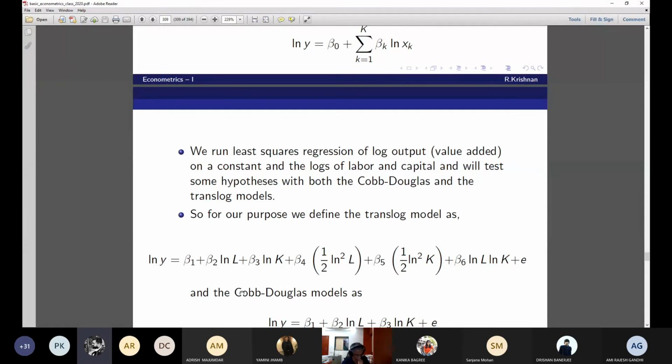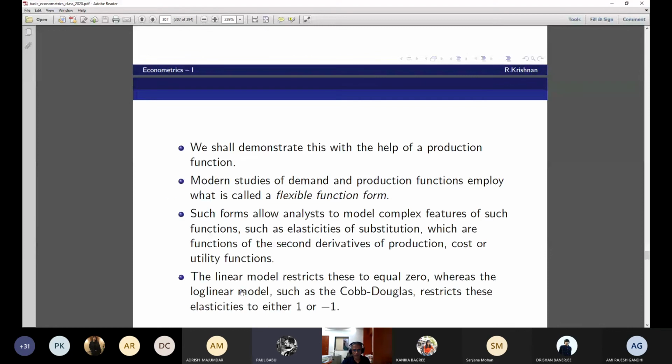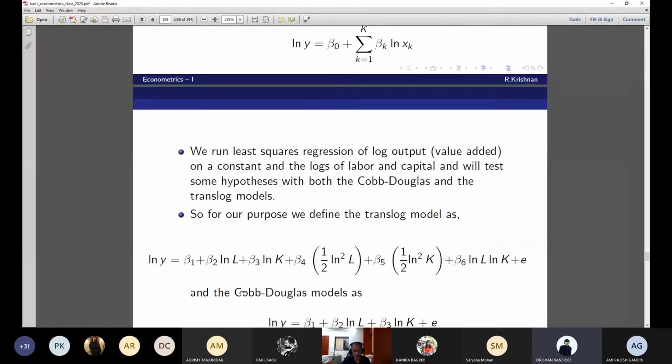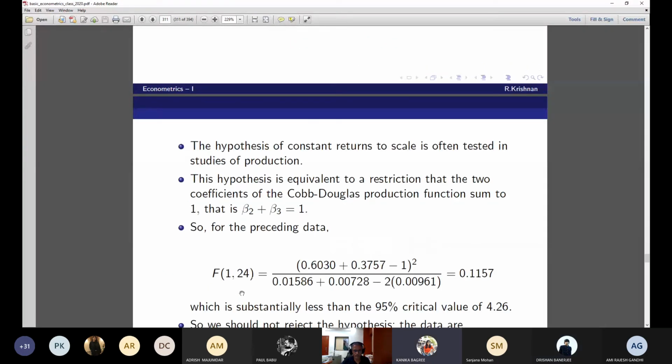Sir, is it because we added it twice? When Drishan had a doubt where the half went, we said it's because we added it together. The answer is here, Drishan. Sir, I understand that you are adding that log L log K term twice so that the half is removed. Sir, how do we get beta 4 plus beta 5 plus 2 beta 6 equal to 0?